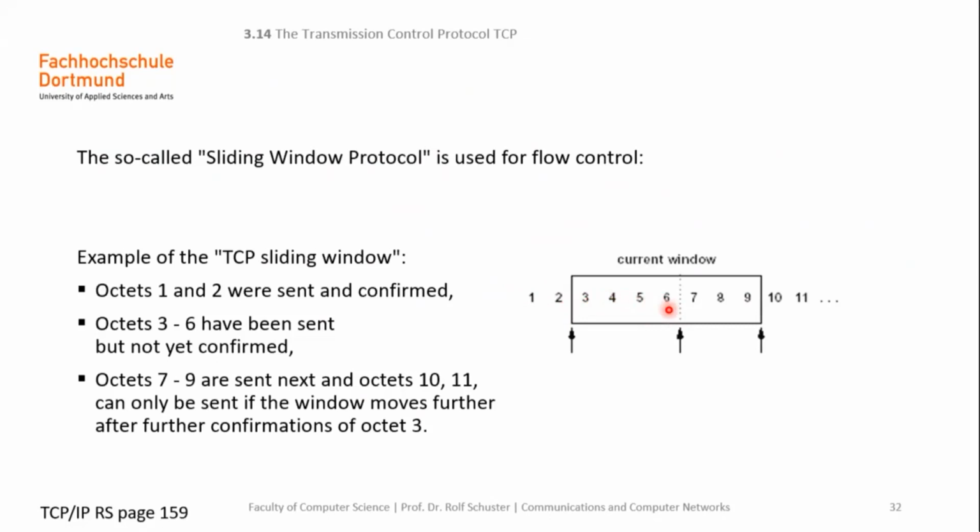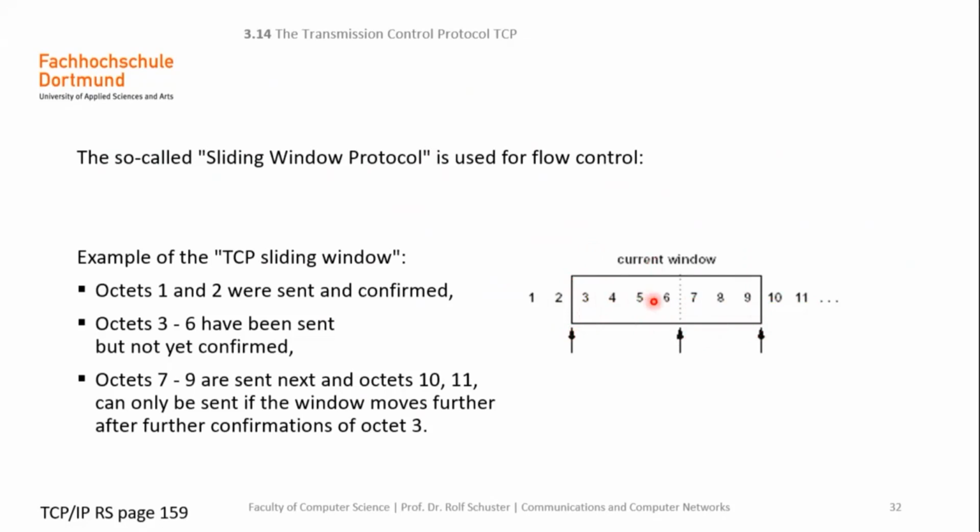And there are other octets that could be transmitted but are not yet transmitted, and octets that couldn't be transmitted because there is a window size that we need to respect in order to prevent the overflow of the receiver at the other end.